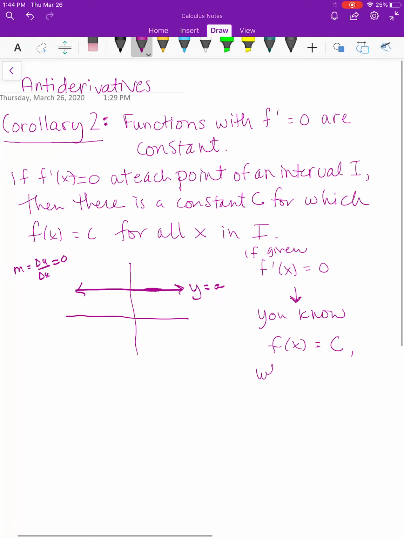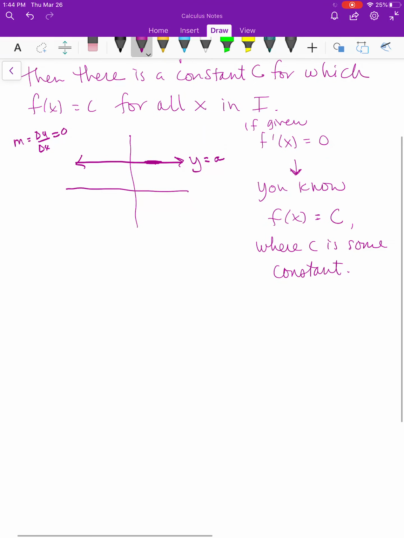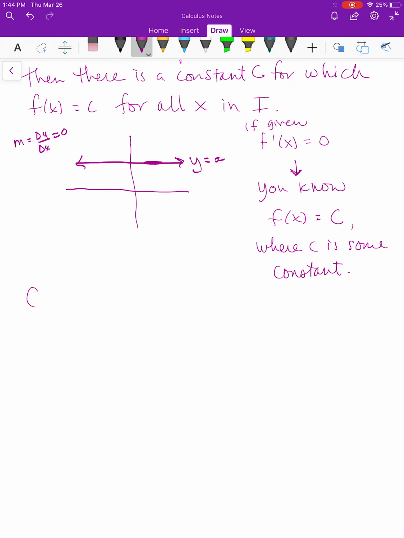F of x equals c, where c is some constant. When we start talking about antiderivatives, we're going to give you the derivative. You're not going to know what the beginning function is, okay?